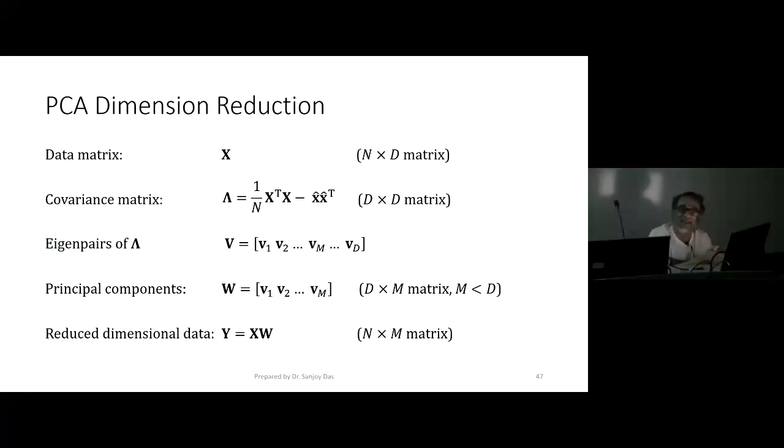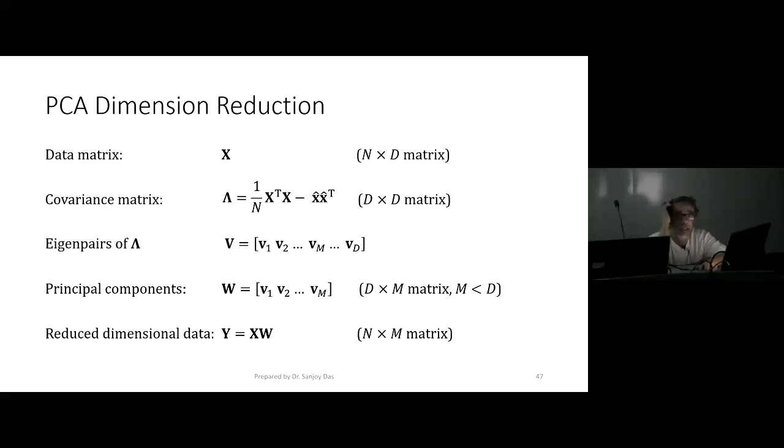And the variance along V2 would be lambda 2. These are the eigenvalues of the covariance matrix. What we are choosing is along the maximum variance. First preference would be along the direction which shows the maximum variance. Yeah, so the reason is we need to retain the information.